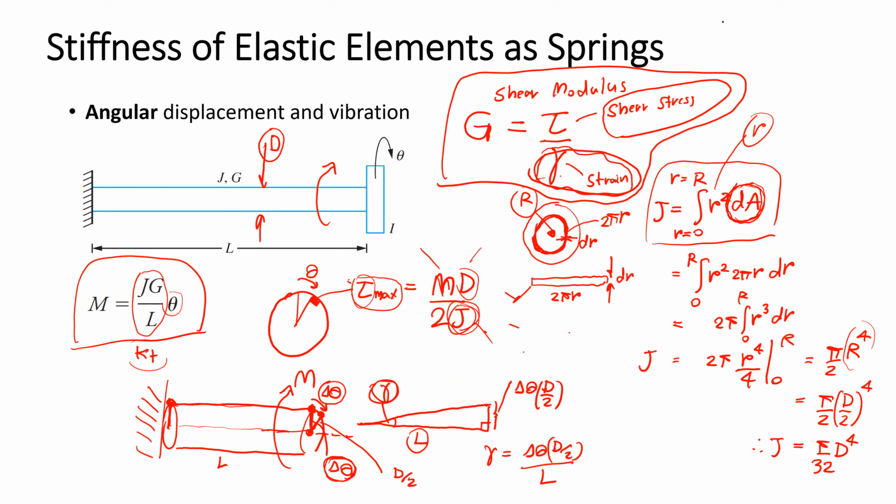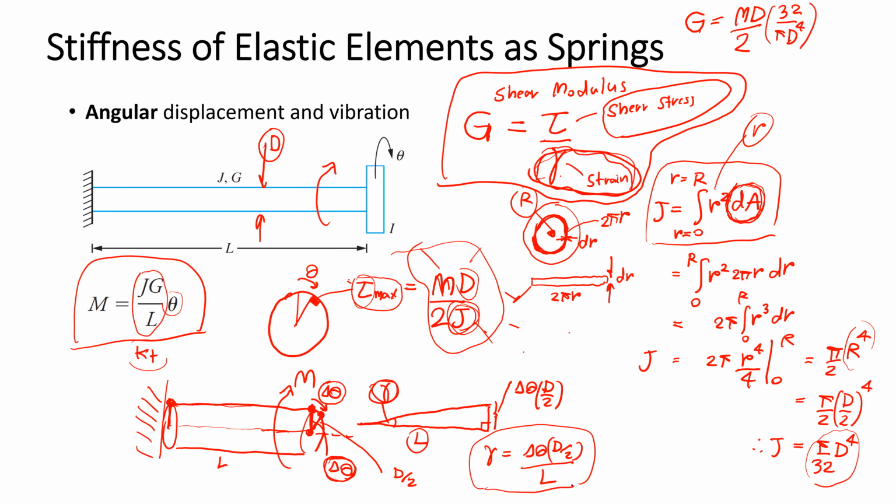G is equal to the shear stress. Shear stress is this one, MD per 2J. But J is this one. J is 32 divided by pi d power 4. And we divide by the shear strain.